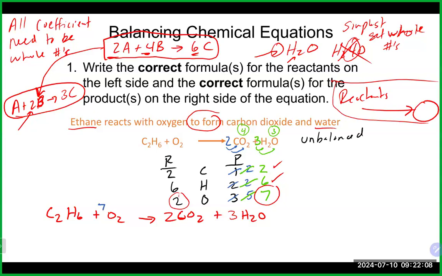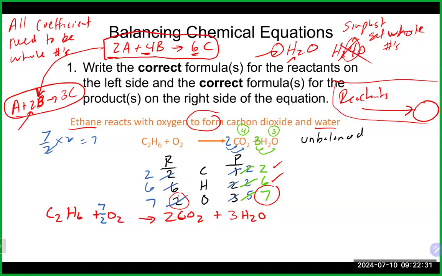So you could go with 7/2. If I do that, I will end up with 2 carbons, 6 hydrogens, and when I take 7/2 times 2, the 2's cancel, giving me 7 in terms of my oxygen. At this point, this equation is balanced.